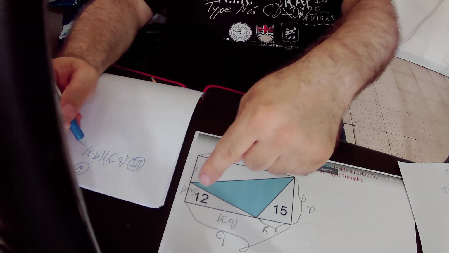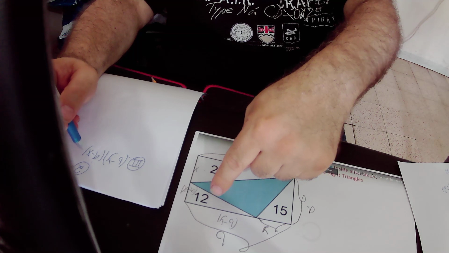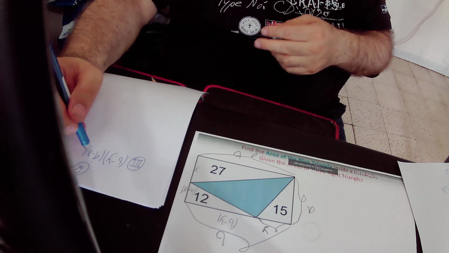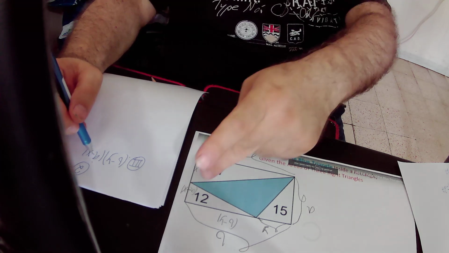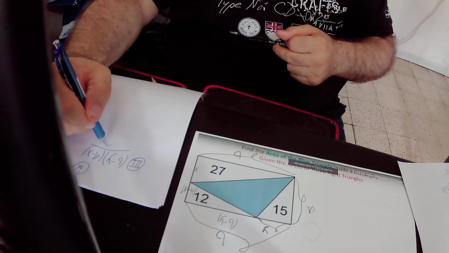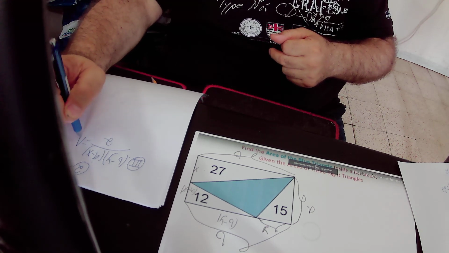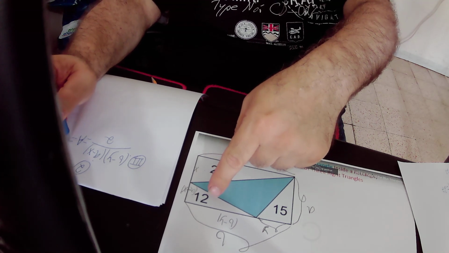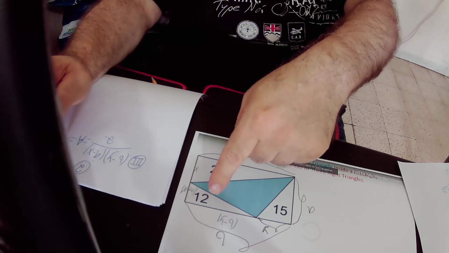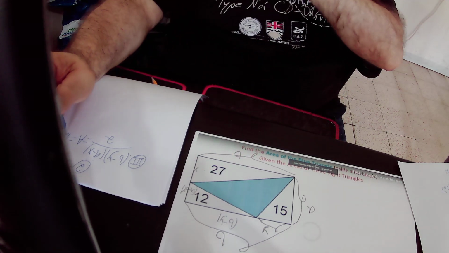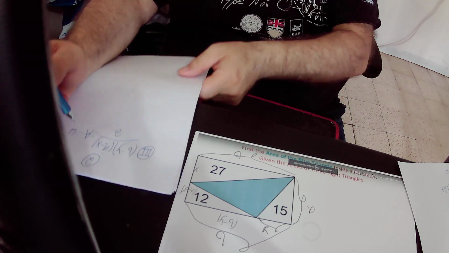So the base, b minus y, times the height of this triangle, a minus x, divided by 2 equals the area of this triangle. But we know the area of this triangle is given to us, it is 12 units.